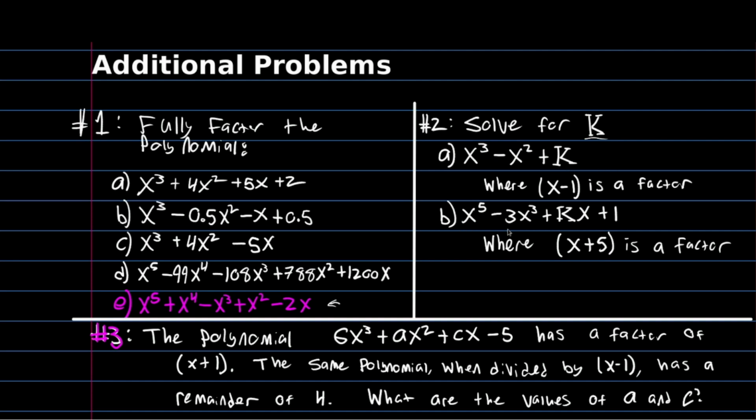Where k is entered into the polynomial somewhere and you're given a factor, solve for what the variable k is equal to. And then a more difficult problem, we're given a polynomial, 6x cubed plus ax squared plus cx minus 5. It has a factor of x minus 1, so we're given that it has a factor. And when this polynomial is divided by x minus 1, it yields a remainder of 4. And we're asked to solve for the values a and c.